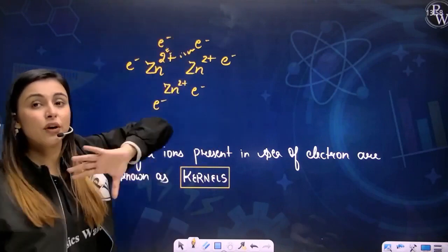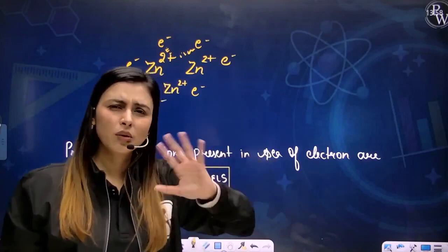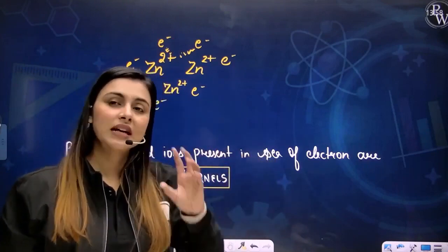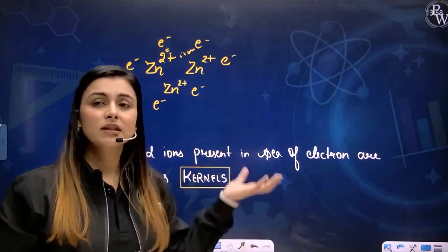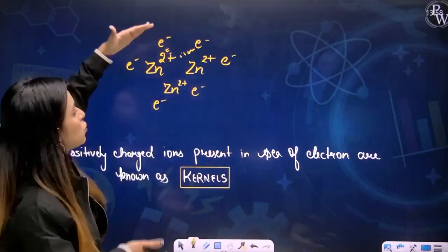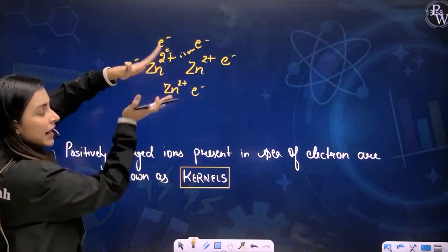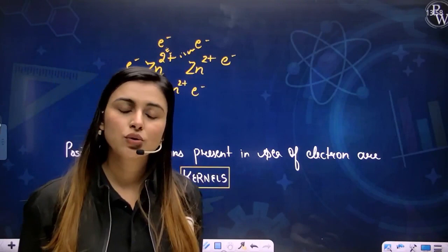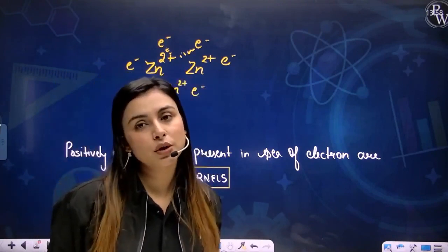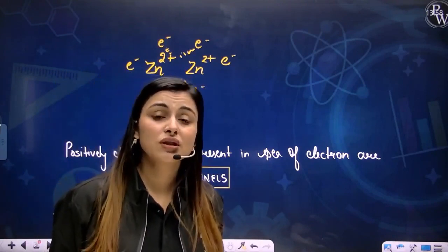Since the position of your electrons is not fixed, they can move around, and the metal can be converted into sheets. There will be no repulsion, because the position is not fixed. They move a little here and there, and you get the sheets. Similarly, they can also be converted into wires, because the position is not fixed.